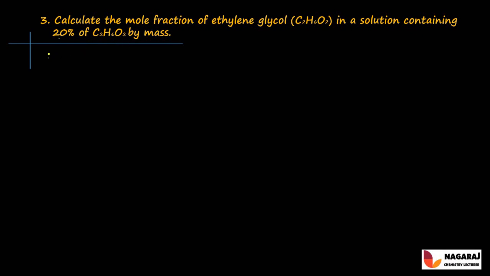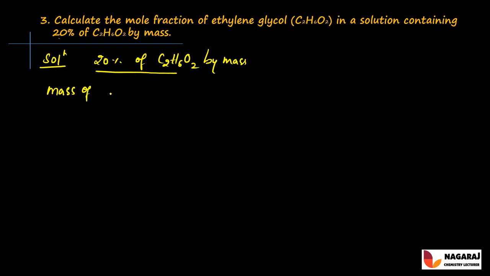What is this 20% of ethylene glycol? It is 20% of C2H6O2 by mass. That indicates that the mass of C2H6O2 is 20 grams, right?